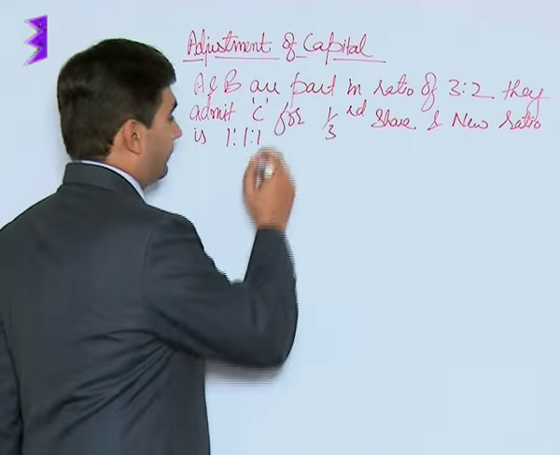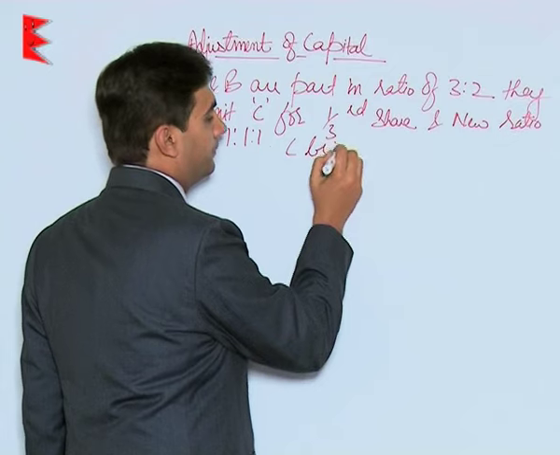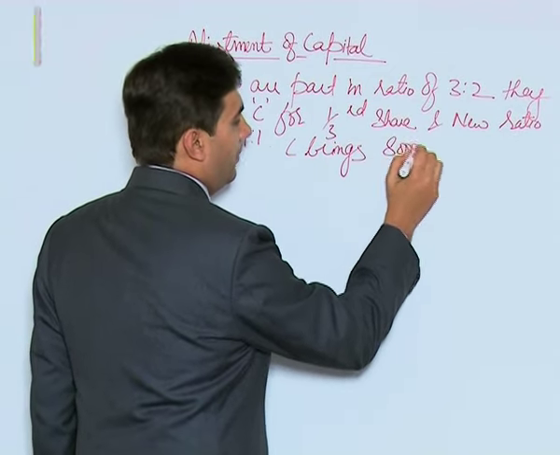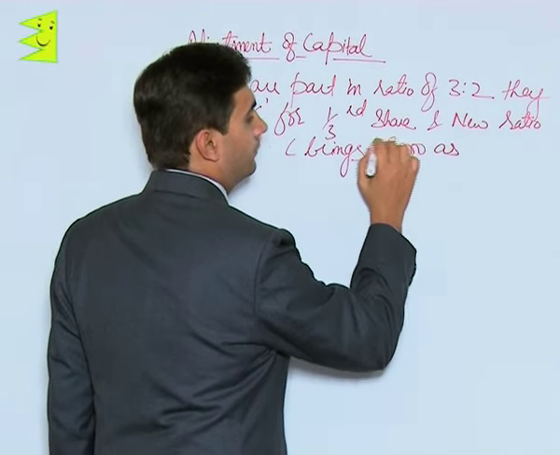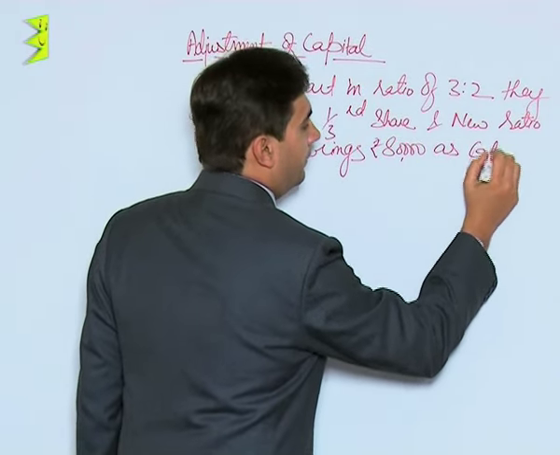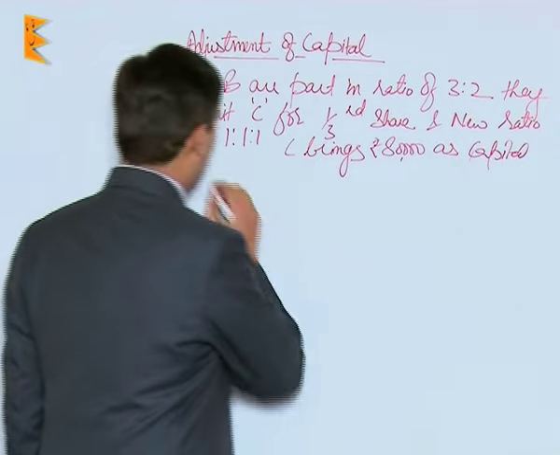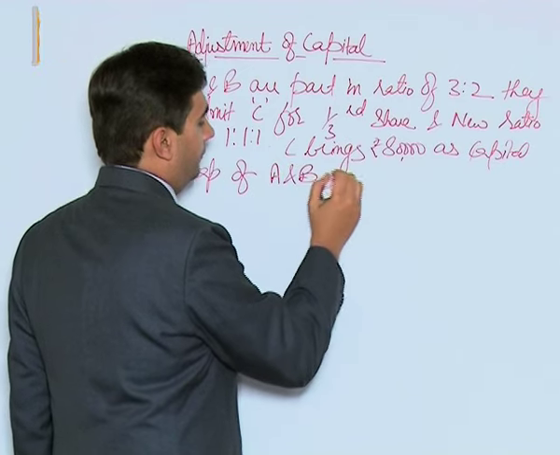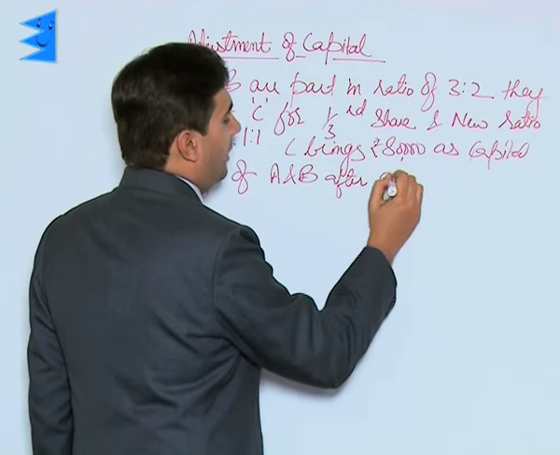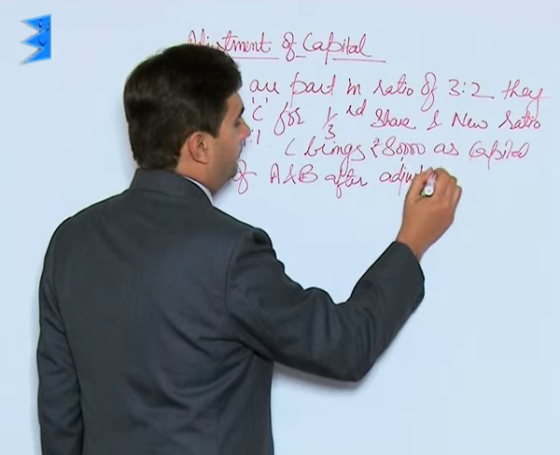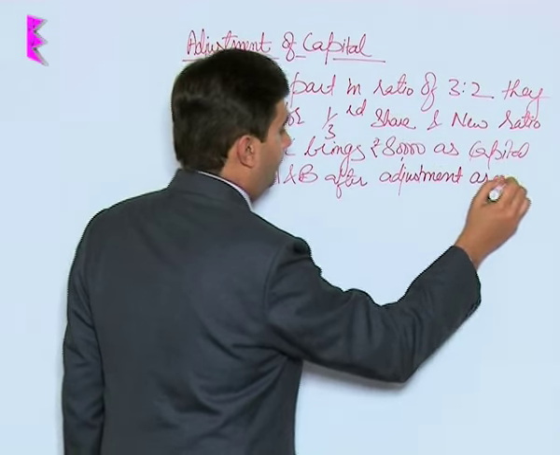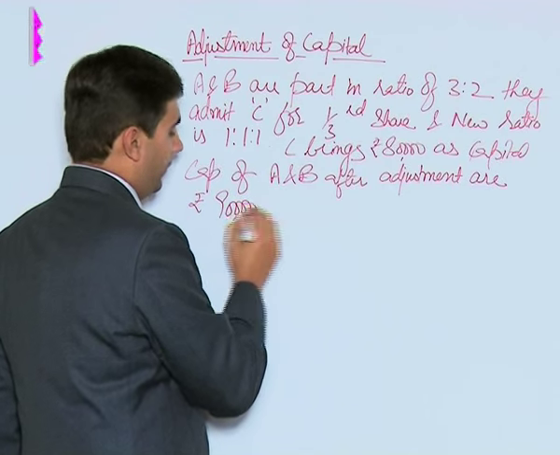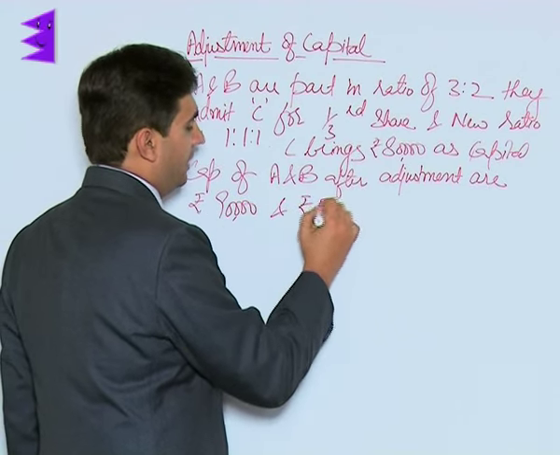Now students, C brings 80,000 as his capital and the capitals of A and B after adjustment are rupees 90,000 and rupees 50,000.